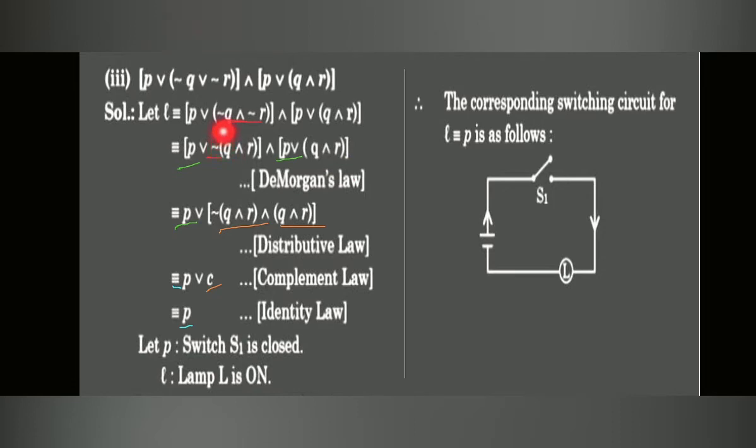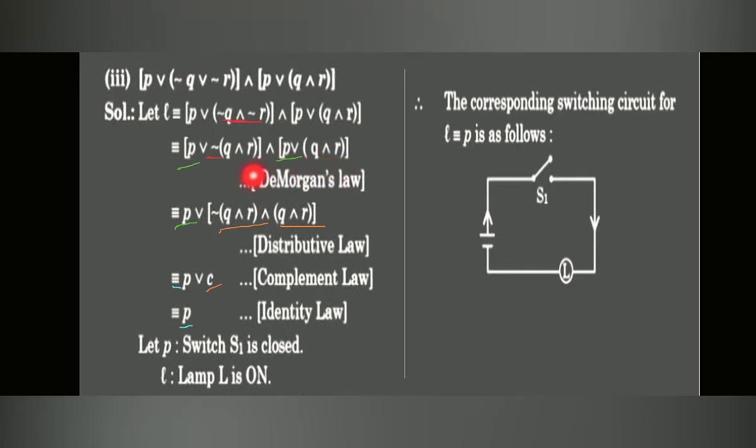Since this ¬Q and ¬R are written as a negation outside the bracket, this P is written as it is, this R is written as it is, but here the negation is written outside the bracket, as Q and R, and this bracket is written as it is.